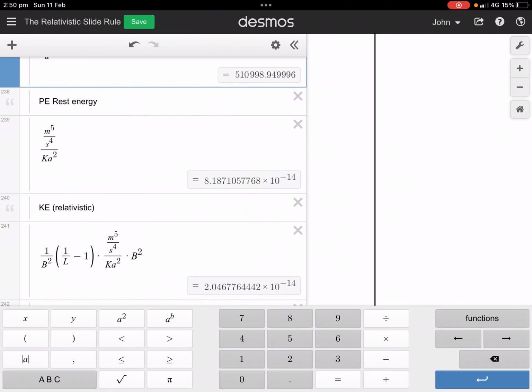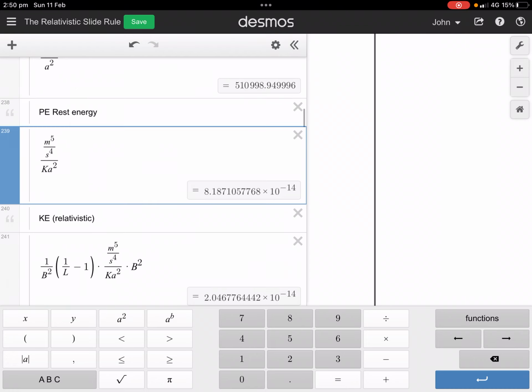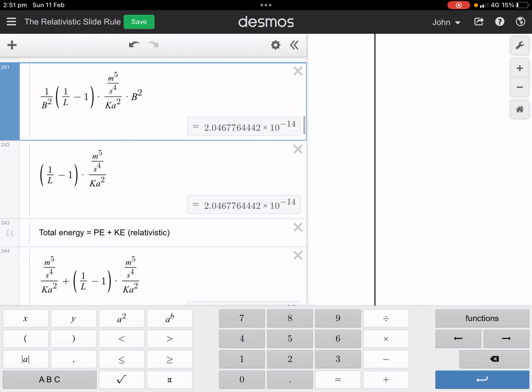So I've multiplied the rest mass by c squared, and then I've cancelled the c squared with the one underneath. So that's just a simplification. So that's the rest energy. Now here's where it gets confusing when I'm just talking about energy, because at this point I'd be calling that joules, but then you've got kinetic energy, which should be added to the potential energy.